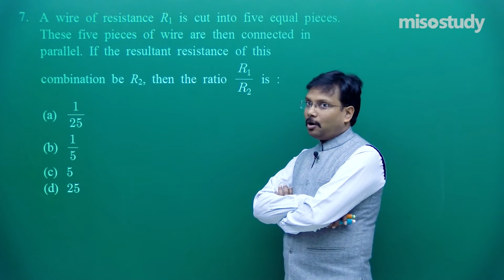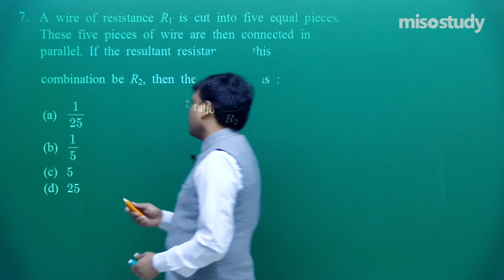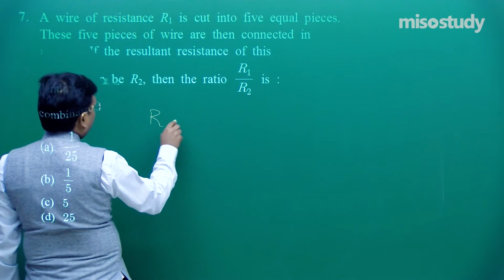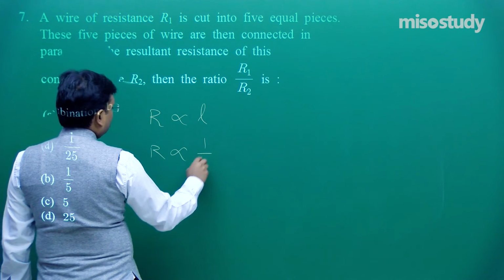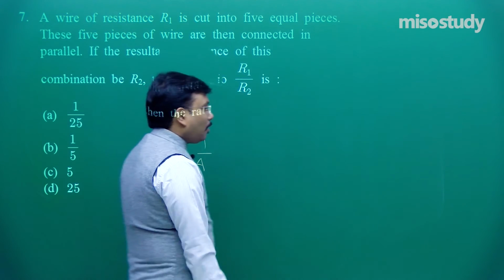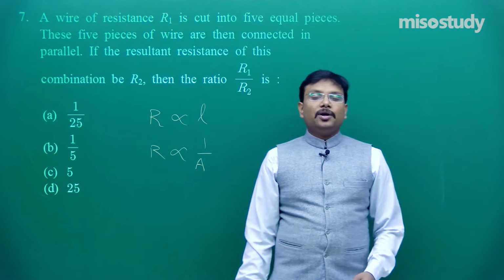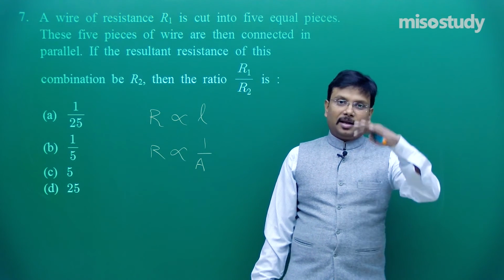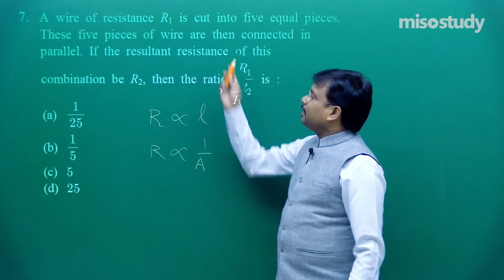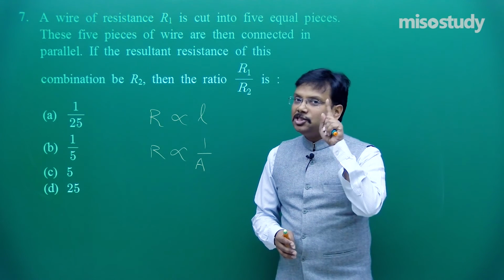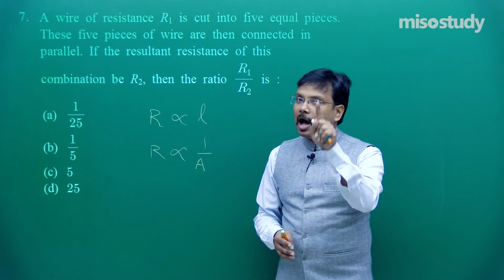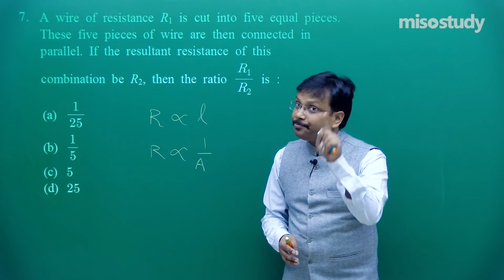Students, try to recall. When I told you the relation between R, L and A, I said R is directly proportional to L, and R is directly proportional to 1 by A. So, when you cut a wire into n equal parts, you reduce the resistance by 1 by n. R1 is the resistance of the complete wire. So, 5 pieces means each piece has resistance R1 by 5.